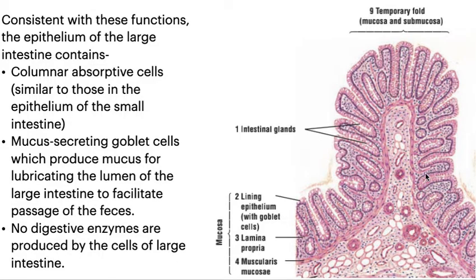Because of these functions, the epithelium of the large intestine contains columnar absorptive cells, as over here you can see the lining epithelium, and numerous mucus secreting goblet cells which produce mucus for lubricating the lumen of the large intestine to facilitate the passage of the feces. No digestive enzymes are produced by the cells of the large intestine, as seen in the stomach.